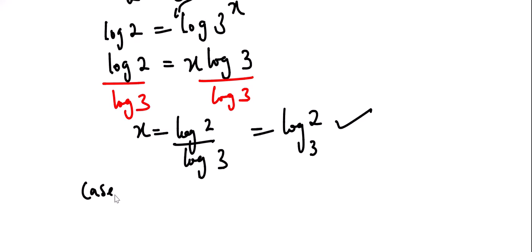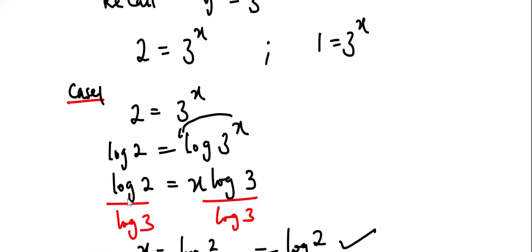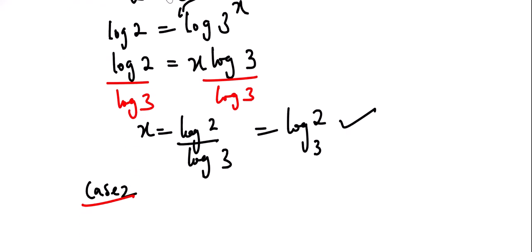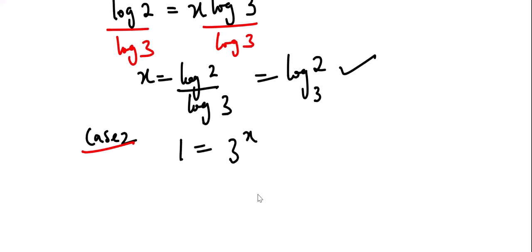For case number 2, recall that we have 1 equals 3^x. Instead of using logarithm, you can say that 1 can be written as 3 to the power of 0, which equals 3^x. So we have x equals 0 here, and this case is not possible.